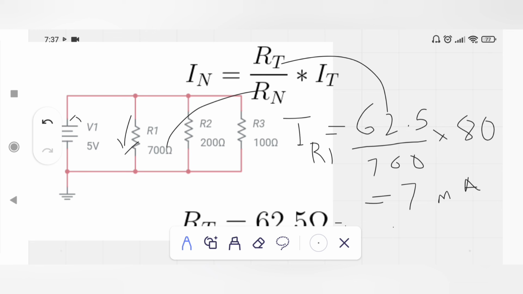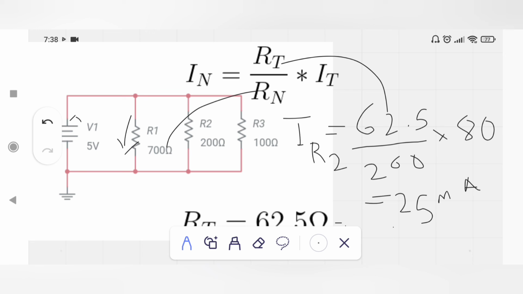Calculate IR2. IR2 is equal to 25 milliampere. Just replace values: that is 700 with 200, and 1 is replaced with 2, that is the current flowing through R2.